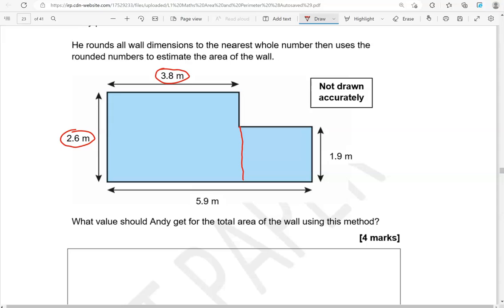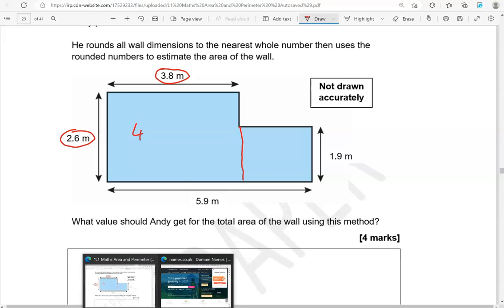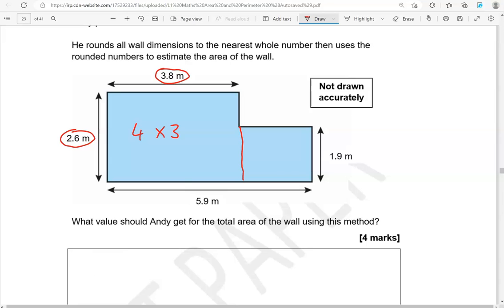But we need to round them in this particular case. So 3.8 will be rounded to 4, and 2.6 will be rounded to 3. So 4 times 3, that is 12 square meters. Now we've got the smaller rectangle.